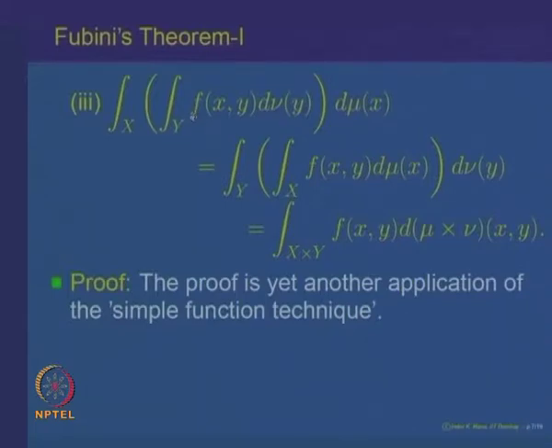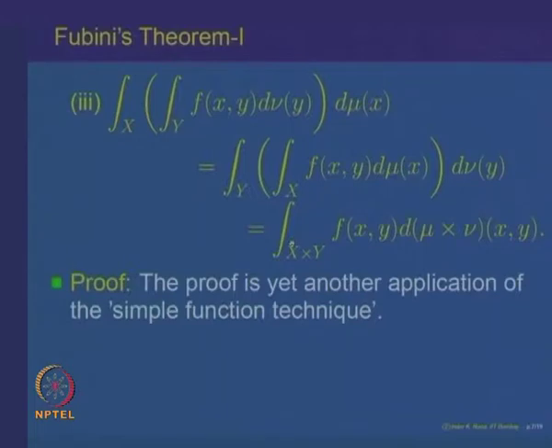Then, because everything involves integrals and integration being a linear operation, we will get that this result is true for non-negative simple measurable functions, and once it is true for non-negative simple measurable functions, an application of the monotone convergence theorem will give us that the result is true for all non-negative measurable functions on the product space.